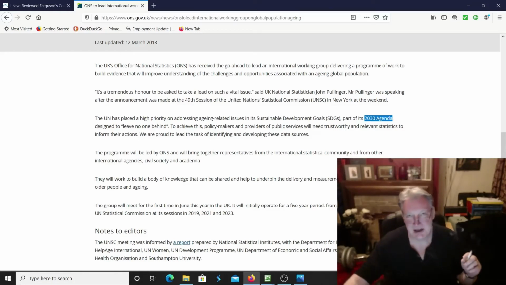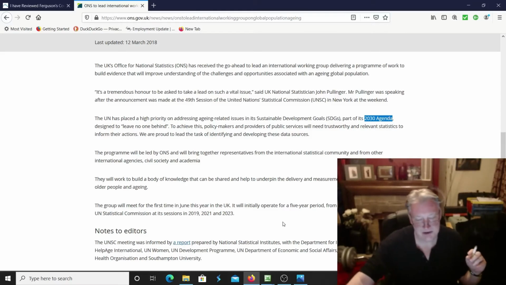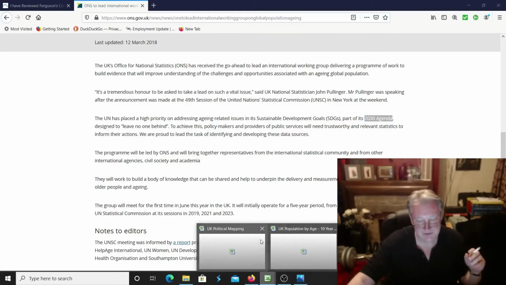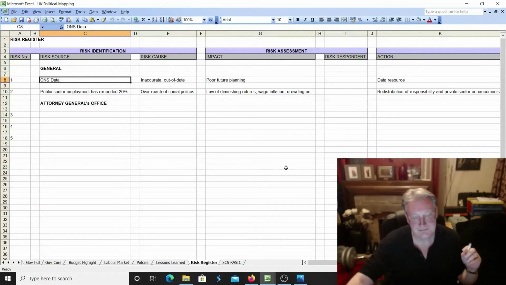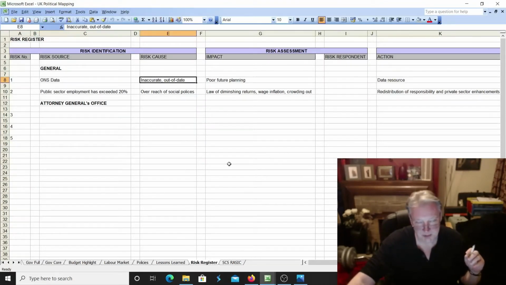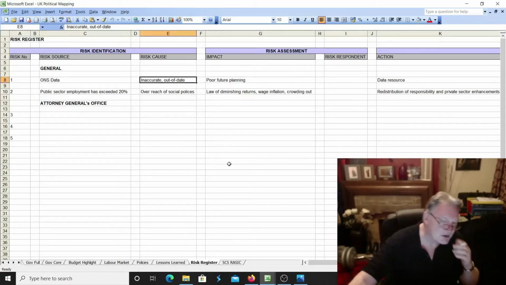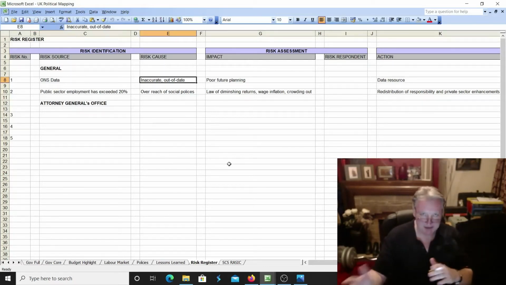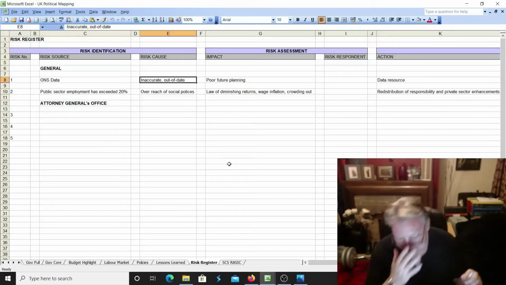This makes this department very, very important in terms of how we view it going forward. The prime problem that we have at the moment is the fact that they do have inaccurate and out-of-date information.